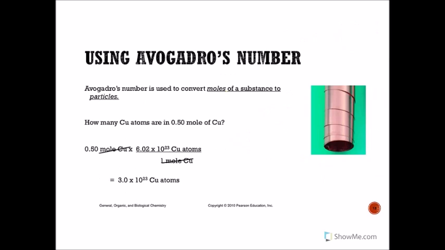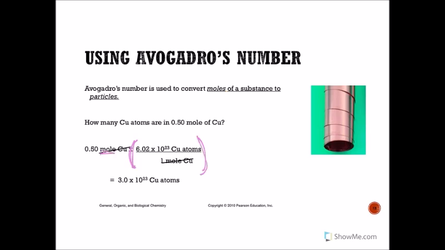If we're using Avogadro's number, we can convert moles of a substance to particles. In this example, how many copper atoms are in 0.5 moles of copper? We start with 0.5 moles of copper, and we use our conversion factor. So often you'll see me write this in brackets.